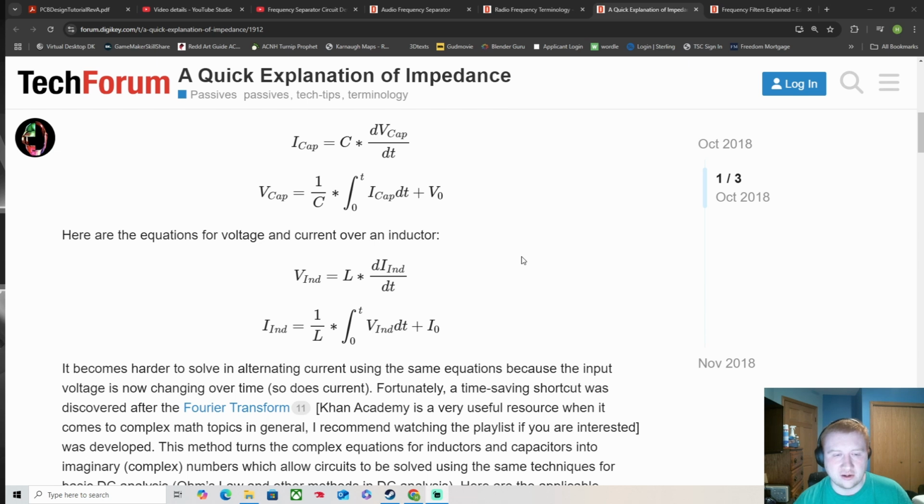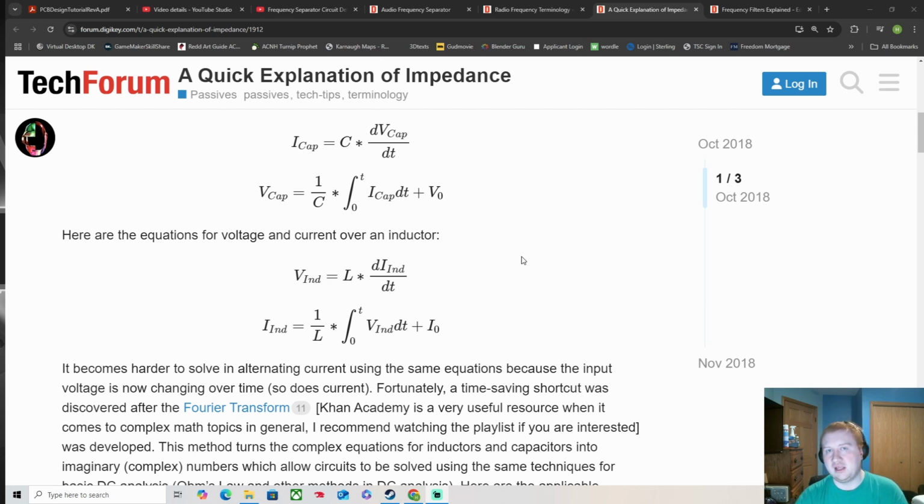Voltage over the inductor over time is the inductance times the derivative of current over that inductor over time, the change of time, I should say. And the current is 1 over inductance times the integral from 0 to some future time of the voltage of that inductor with the change of time plus the initial current measured across that inductor.